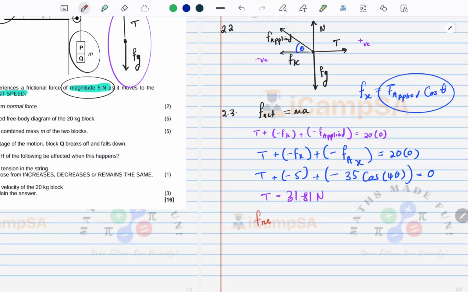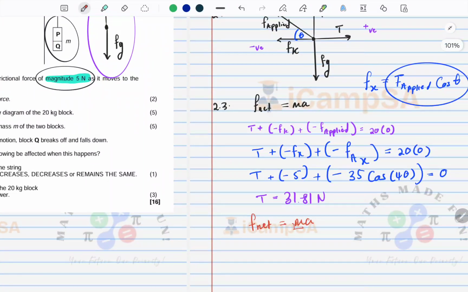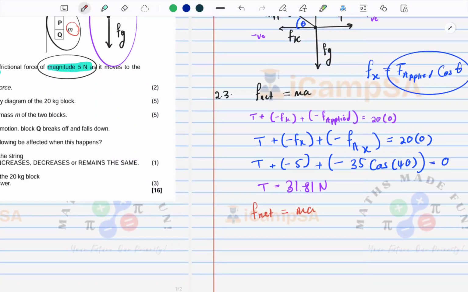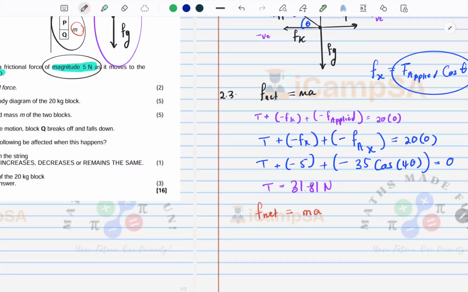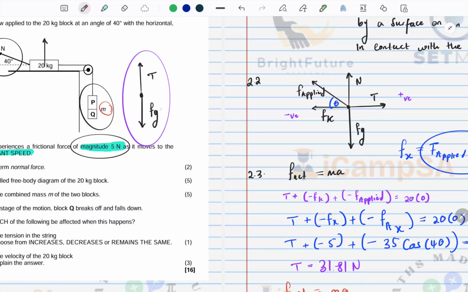We're going to say F net again equals MA. But in this case, this M is the one we don't know. And again, the A is going to be 0 even in this case. I'm sure now you're asking yourself how we are going to calculate our M. If you can see here, we've got your Fg and then we've got your T.